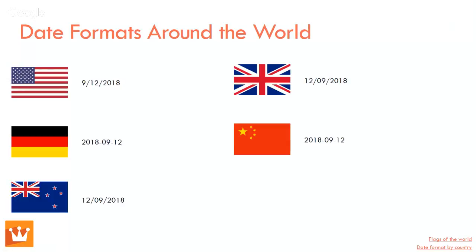Then a few other countries around the world are using, officially, as far as I'm aware, the ISO standard, or something very akin to it, where they've got the year, then the month, then the day. So really the odd one out there is America, and anyone using the same sort of system.